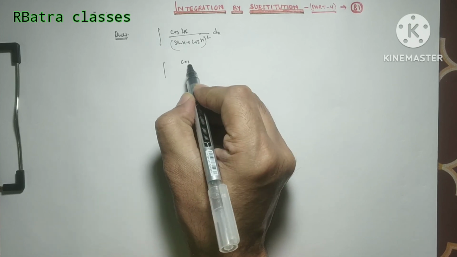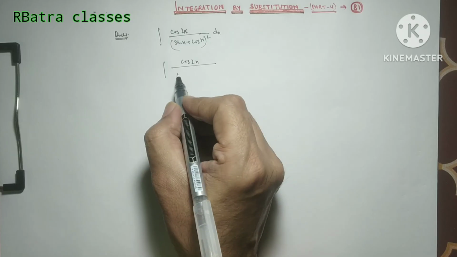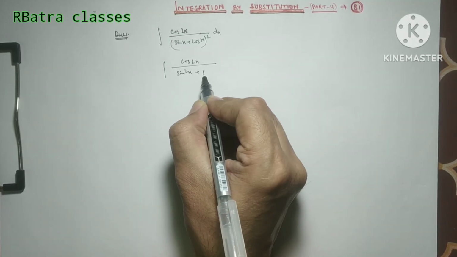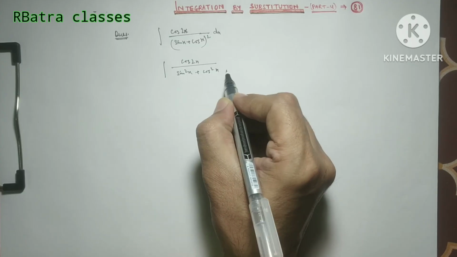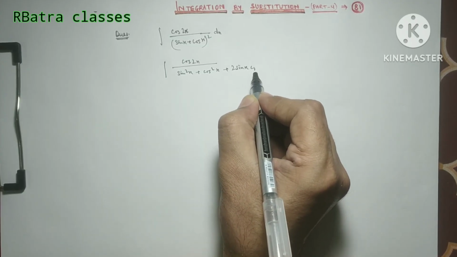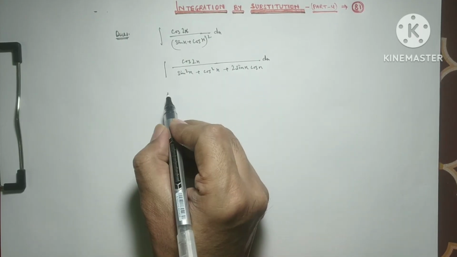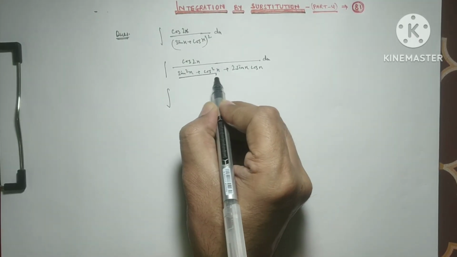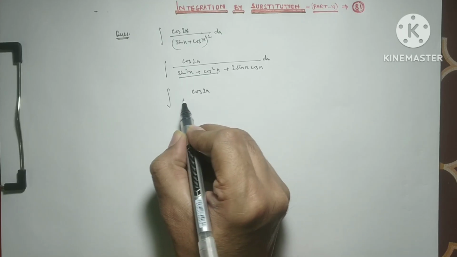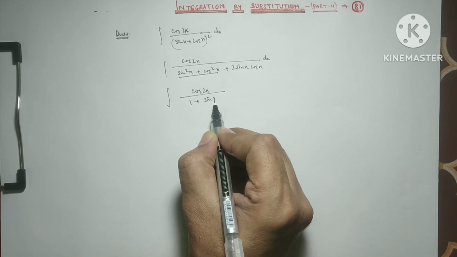So it is cos 2x divided by, we open this, that is sin square x plus cos square x, and this is 2 sin x cos x. And this becomes 1. So we have cos 2x divided by 1 plus sin 2x.